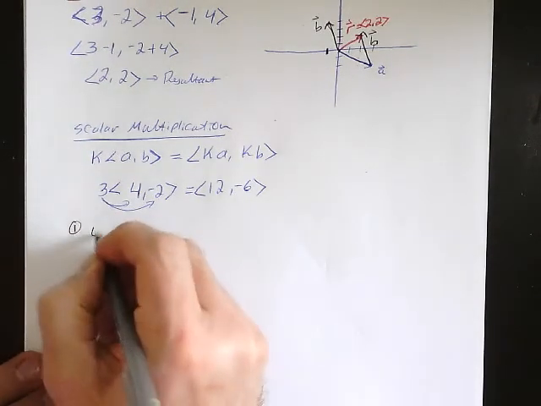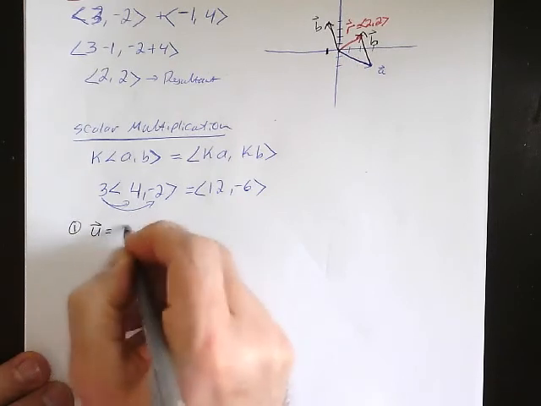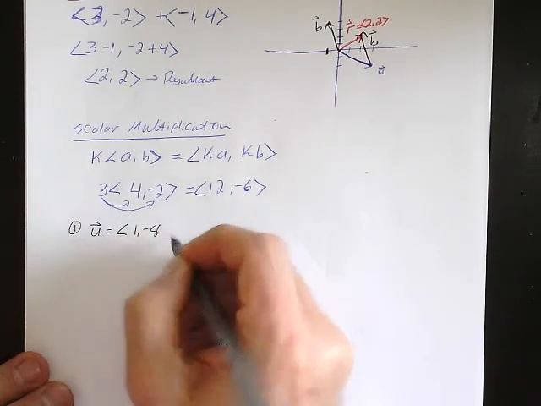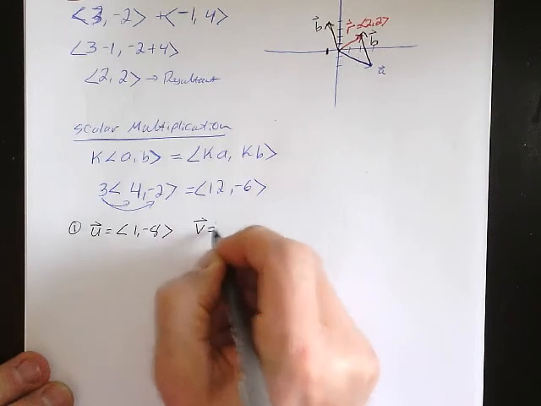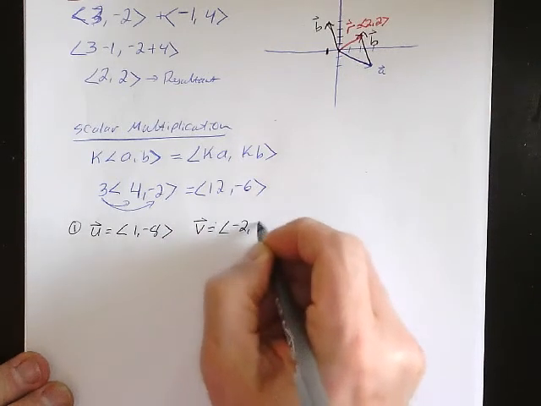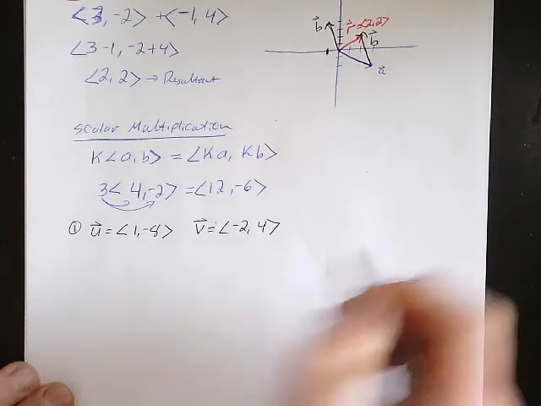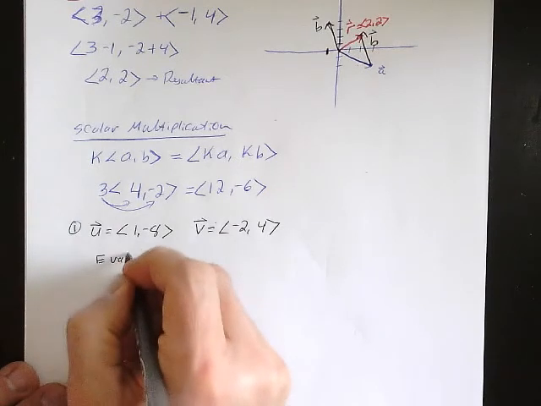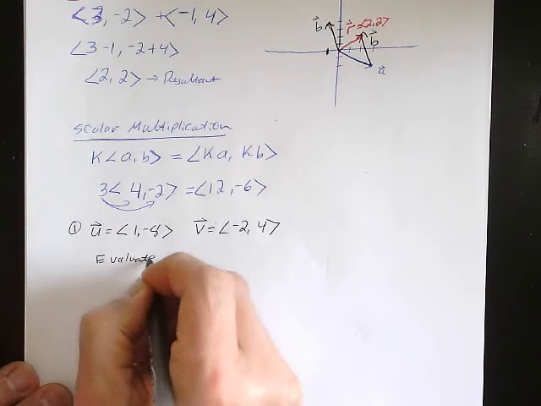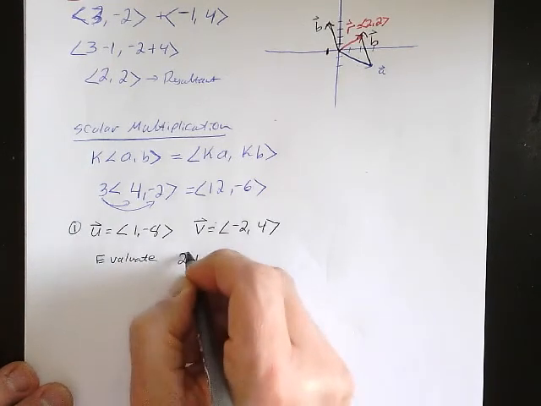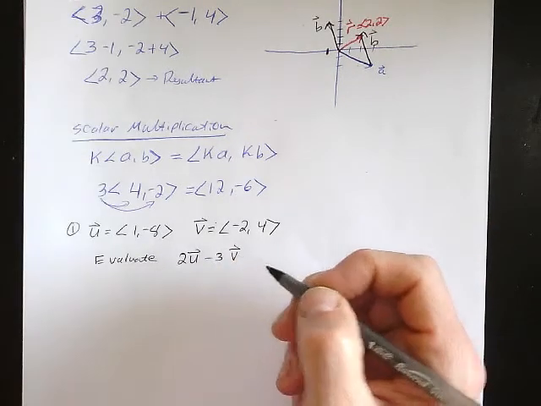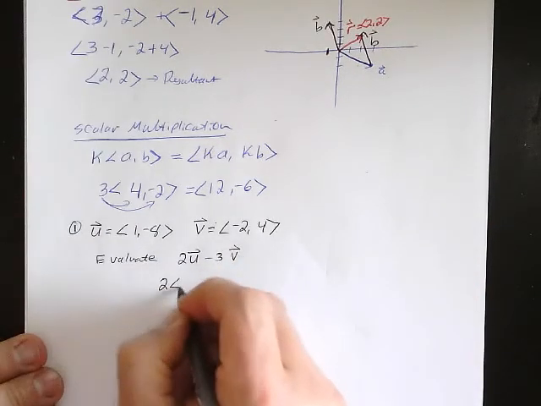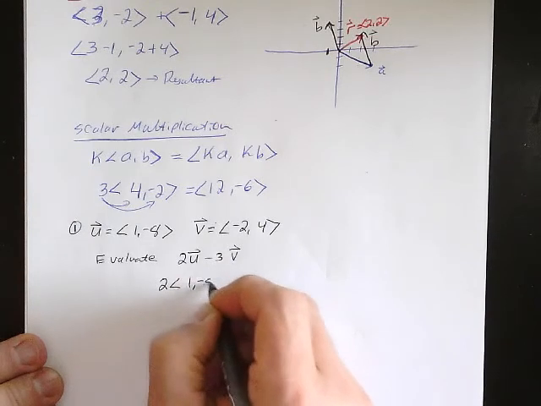So this can be combined to do different things. For example, if we say vector u is 1, negative 8, and vector v is negative 2, 4, we can evaluate 2u minus 3v.